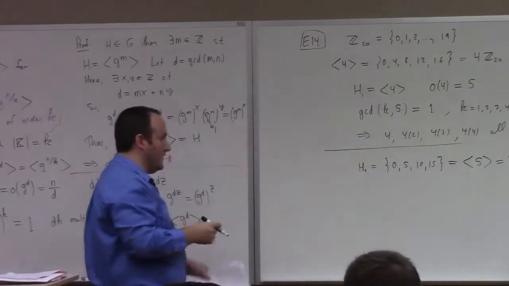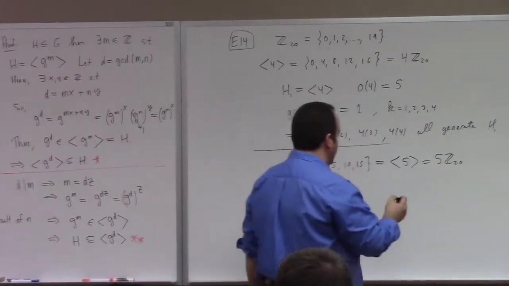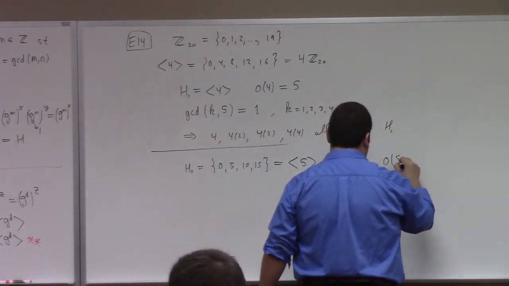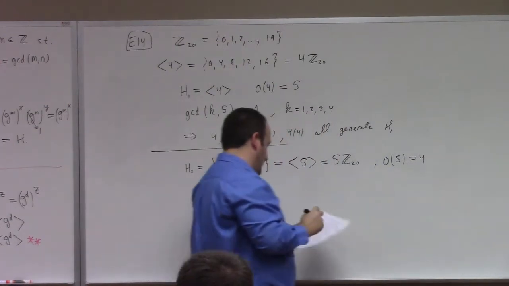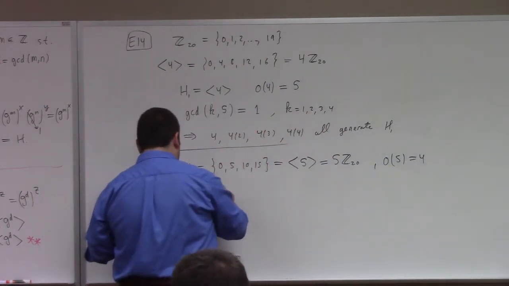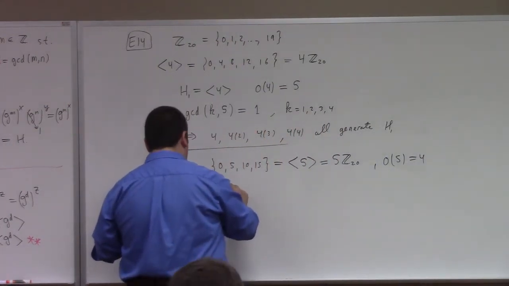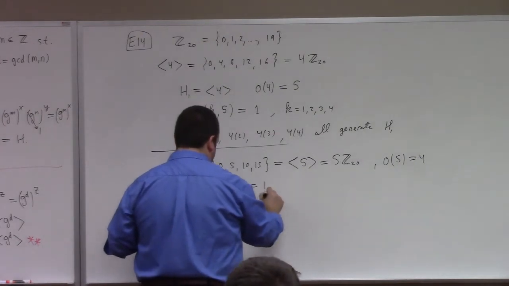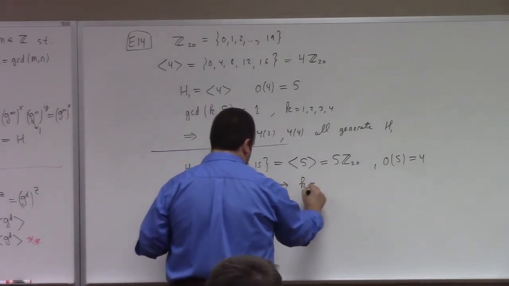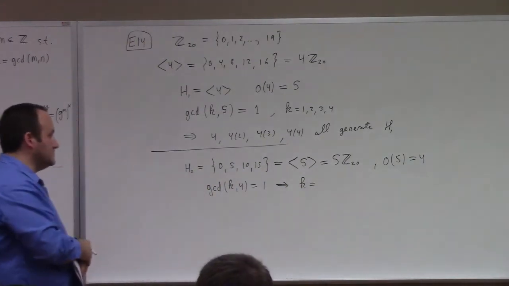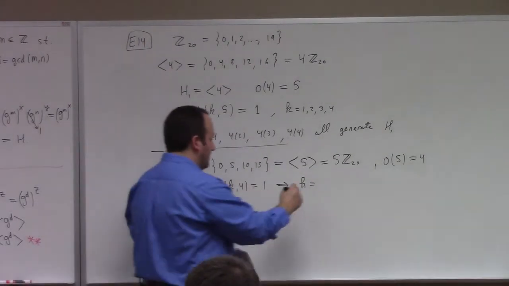So what's the order of 5? The order of 5 is 4. Very good. And so if we want k relatively prime to 4, what is it? One or three.